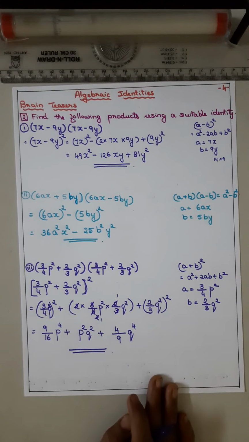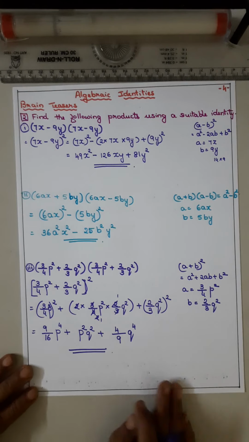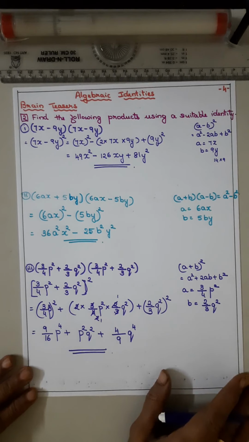Finished. 9 by 16 p to the power 4 plus p squared q squared plus 4 by 9 q to the power 4. Hope everyone understood.